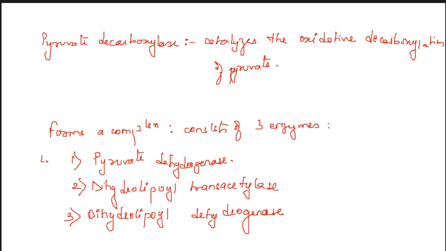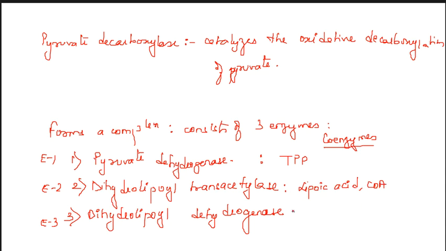These are called E1, E2 and E3 enzymes. And these enzymes also require coenzymes. What coenzymes do they require? Pyruvate dehydrogenase requires TPP. Dihydrolipoyl transacetylase requires lipoic acid and coenzyme A. And the last one, dihydrolipoyl dehydrogenase, requires NAD plus and FAD.